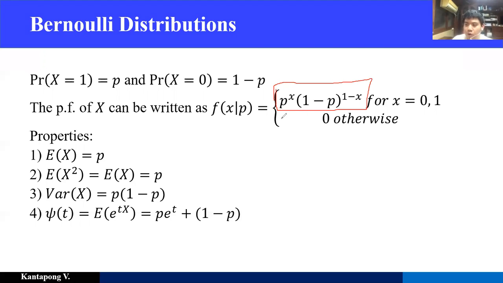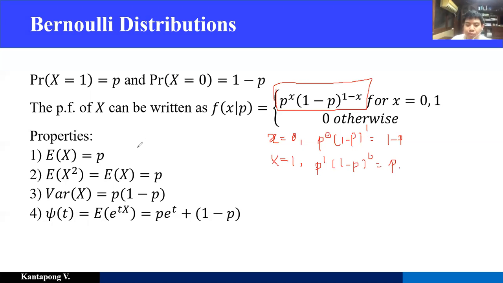Because if x equals 0, what does it mean? p^0 times (1 minus p)^1 is going to be 1 minus p. If x equals 1, what is it equal to? p^1 times (1 minus p)^0 is going to be p. Yes, this is a shorter, equivalent way to talk about this kind of distribution, okay?